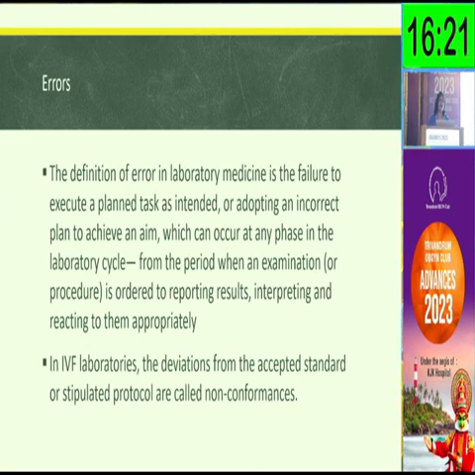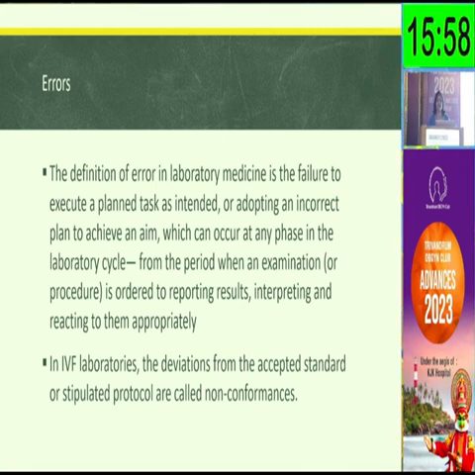So when we are looking at errors in the IVF lab, is troubleshooting only to say I want to improve my results? No. We have two aspects to it. One is we don't want to have errors, and if there are errors, to put in place a system so that we avoid them. Two, to continuously improve ourselves to have optimal pregnancy rates.